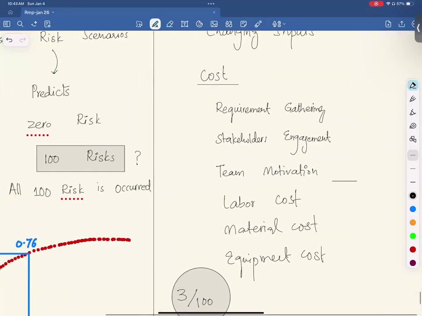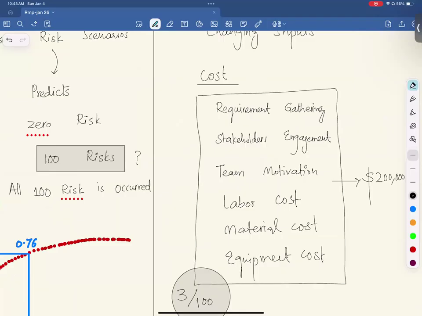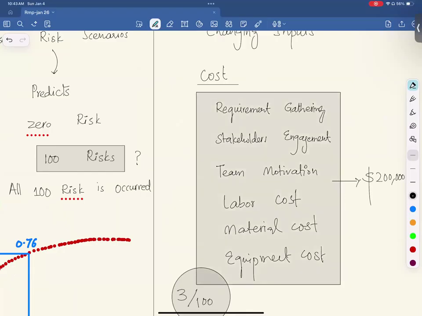All these factors will give you a cost, and let's say it is 200,000. Now we want to see which factor has the highest impact on project cost so that we address that area. You understand, everybody? Does it make sense?